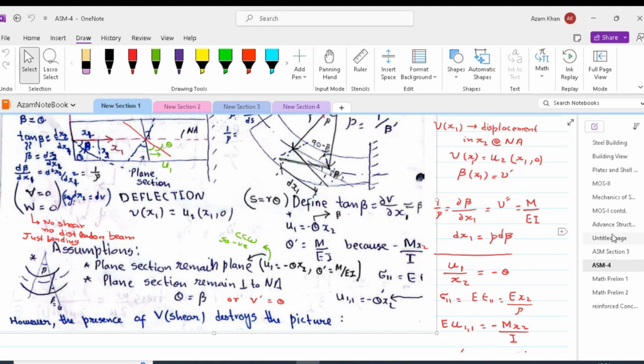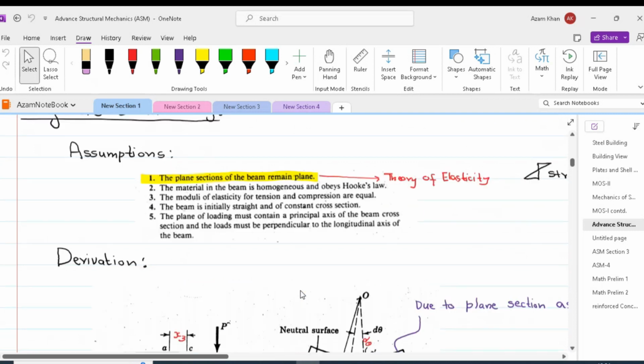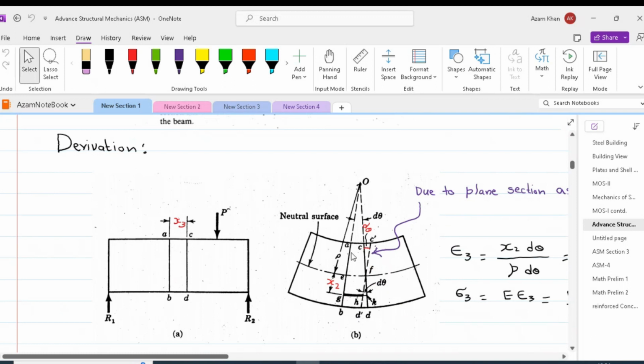As we discussed in our Euler-Bernoulli beam theory assumption, the plane section of the beam remains plane, and also the vertical fiber after deformation will remain perpendicular to the neutral axis. Thus, the angle subtended by this arc will be equal to the angle d theta shown in this figure.